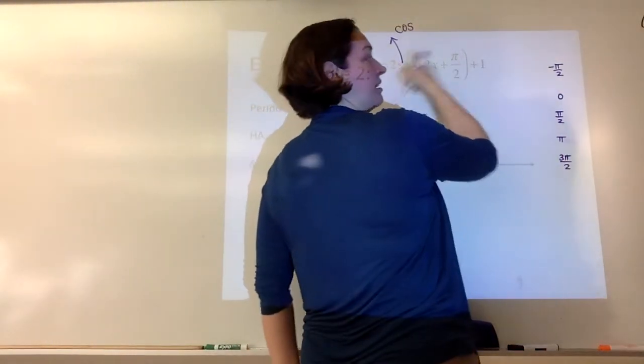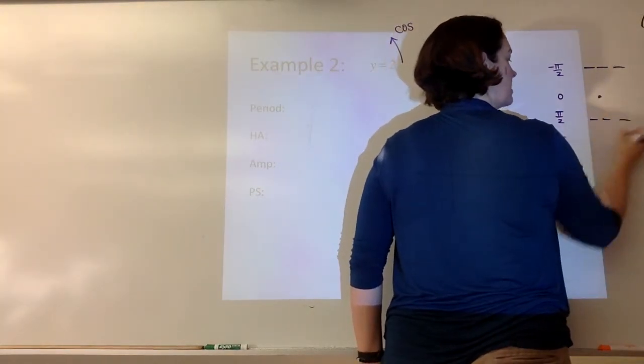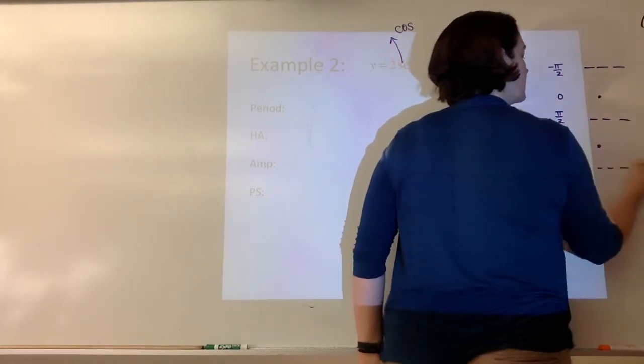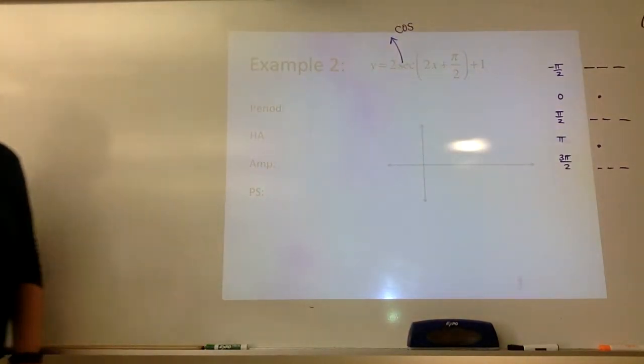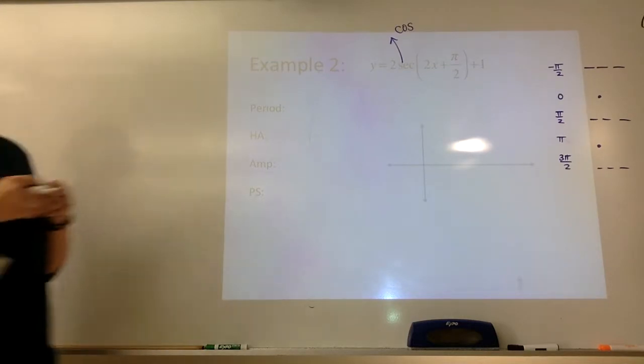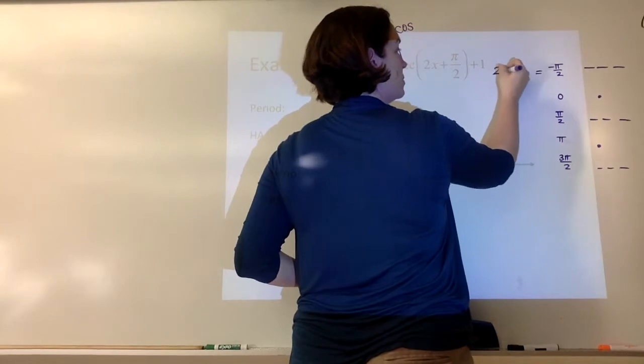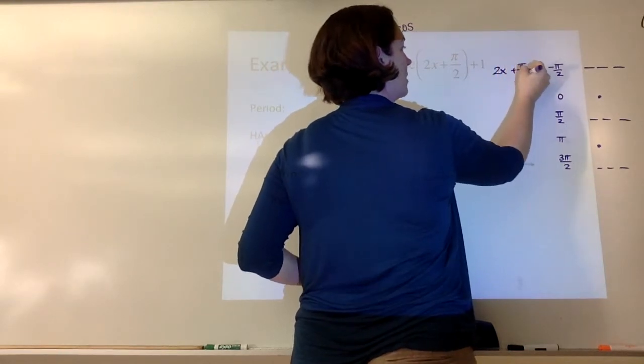Again, because I'm dealing with the cup functions, this is an asymptote, this is a value, this is an asymptote, this is a value, this is an asymptote. Does anyone have a question on that little chart that I started over there on the right? All right, so I'm going to set this equal to this entire quantity, 2x plus pi over 2.